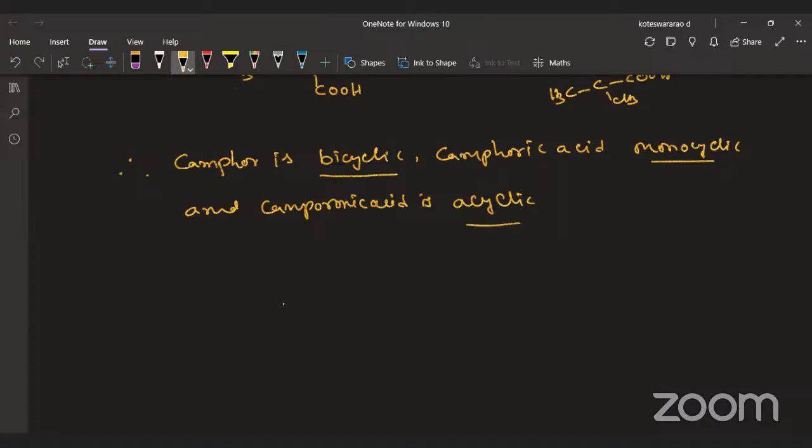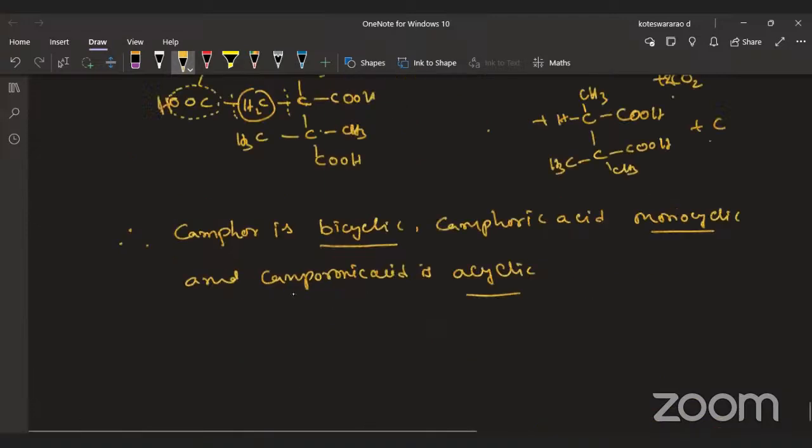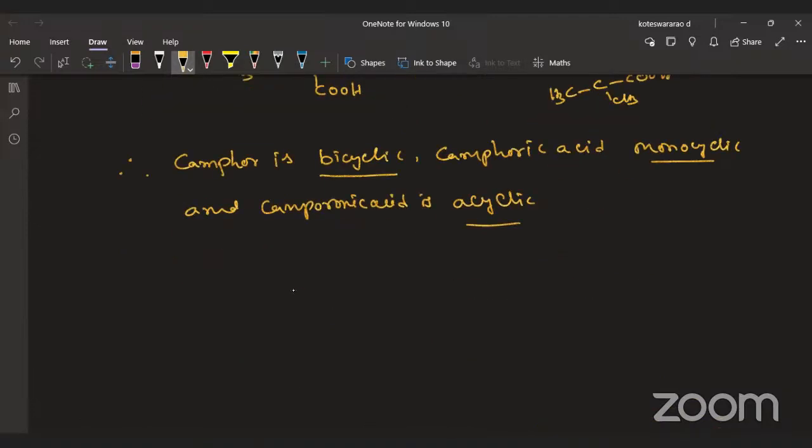Therefore, the three methyl groups in camphoronic acid were originally present in the camphor. These are not affected by oxidation. Actually, methyl groups are not affected by the degrading reagents.